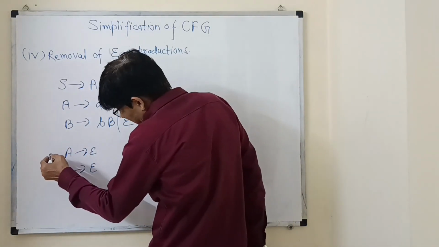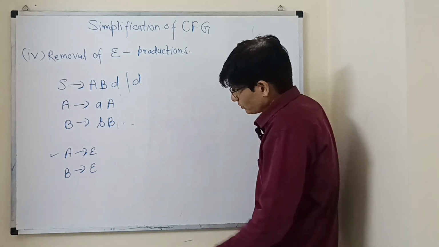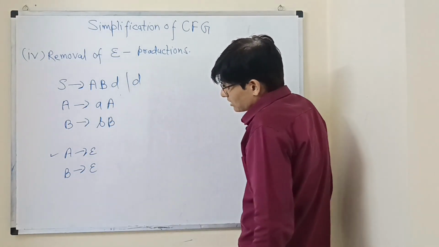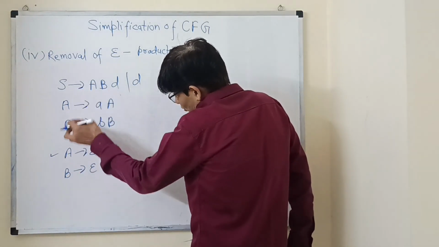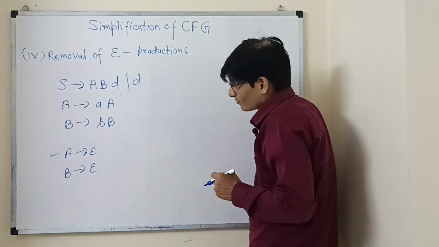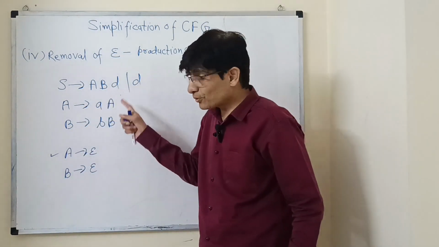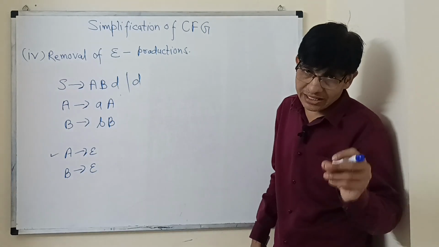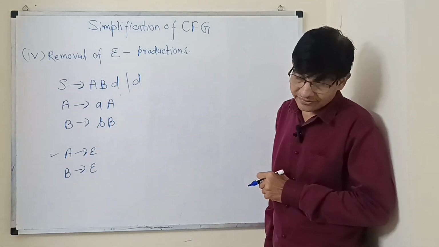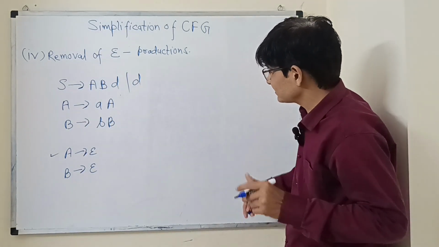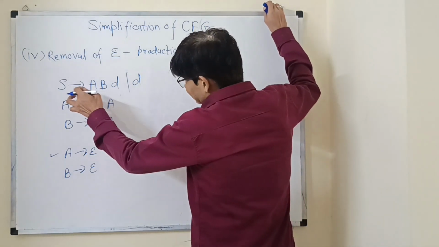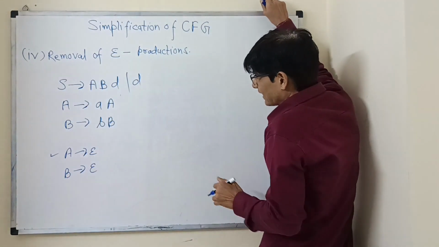First we will consider A gives epsilon. To remove A gives epsilon, see all the productions where we have A in the right hand side. Here we have two such productions.